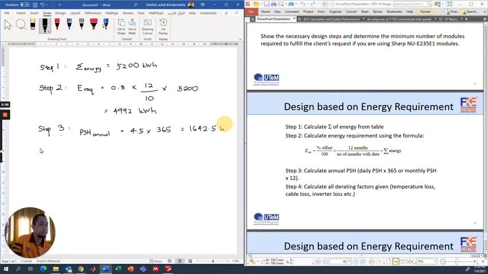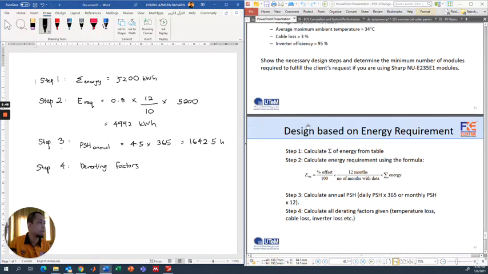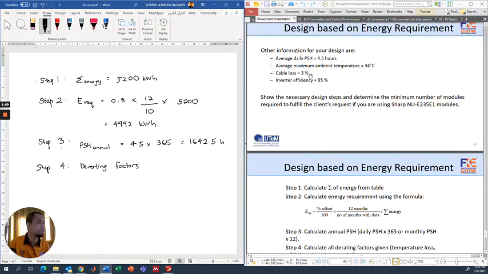Okay, and then step 4, we calculate all the derating factors given. The derating factors refer to elements that can cause losses to the PV system. In this question here, it's given the ambient temperature, the cable loss, and the inverter efficiency.